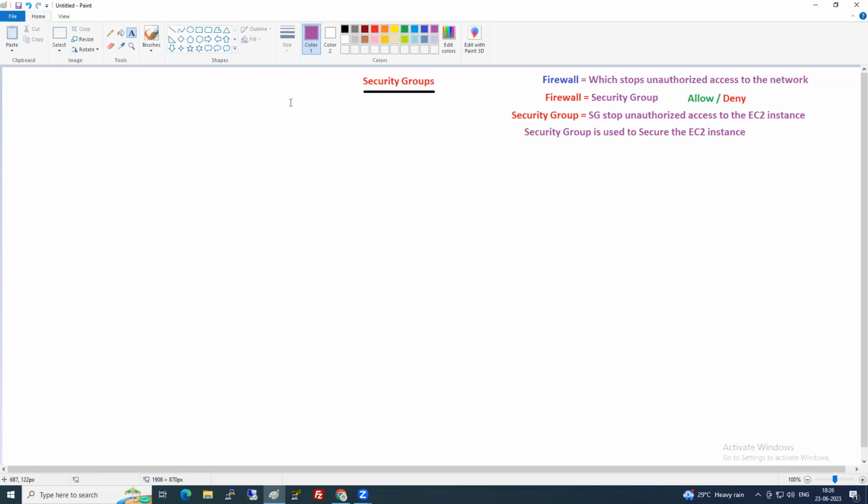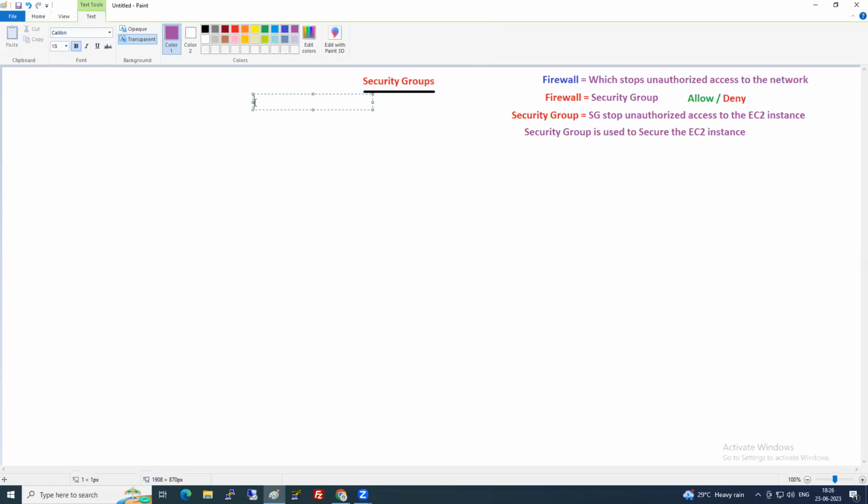So can I say security group acts like a firewall to the EC2 instance? Security group acts like a firewall to the EC2 instance.